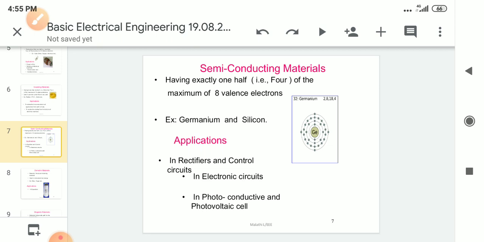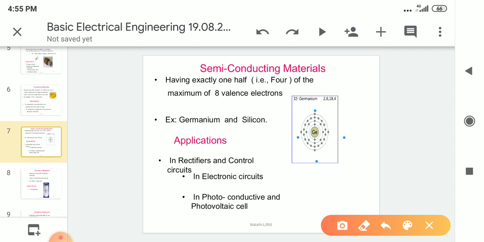Let's see the example germanium. This is the atomic structure for this. See its outermost orbit. The outermost orbit contains 4 valency electrons: 1, 2, 3, 4, exactly 4 valency electrons. So semiconducting materials have exactly 4 valence electrons.